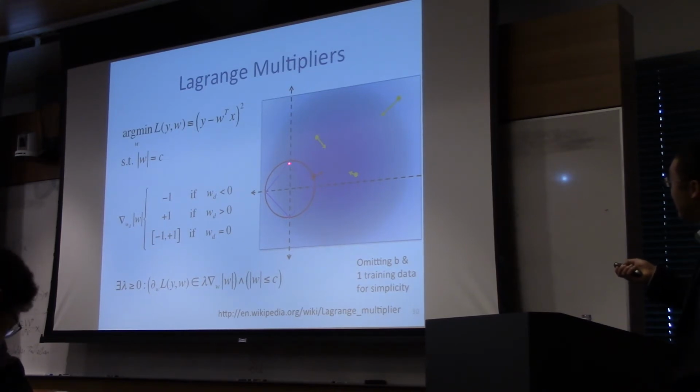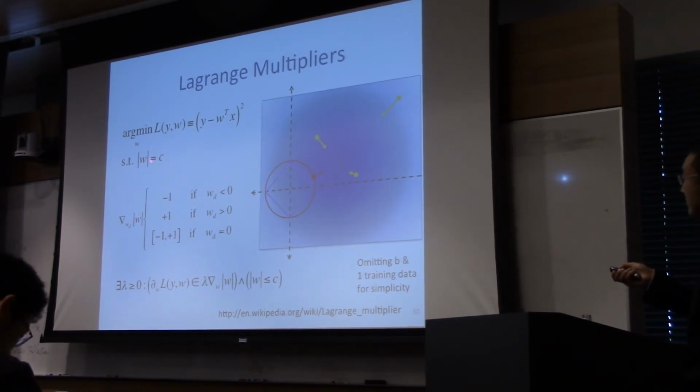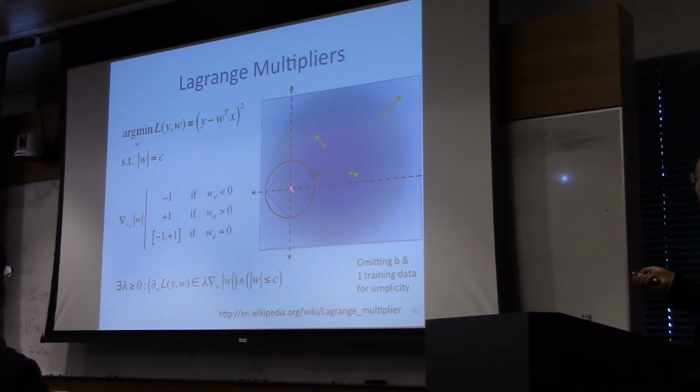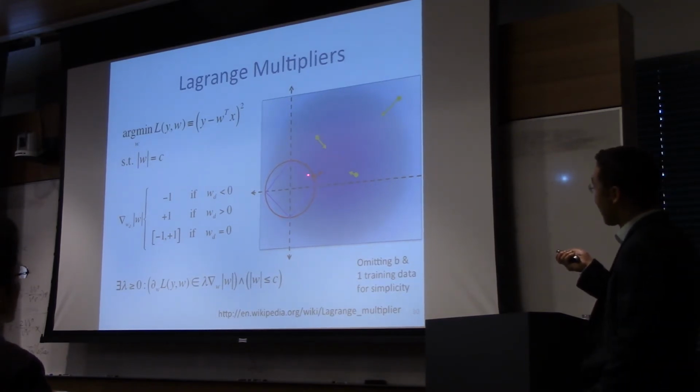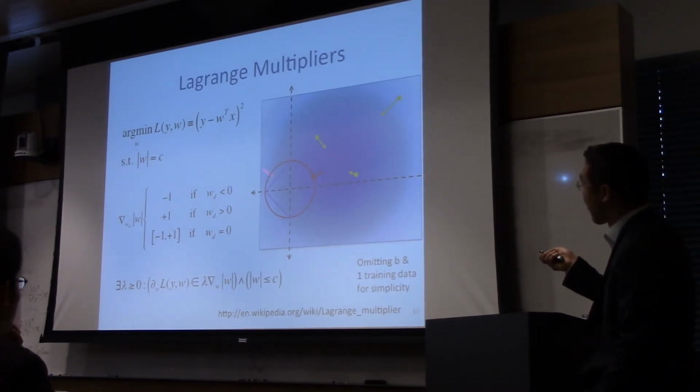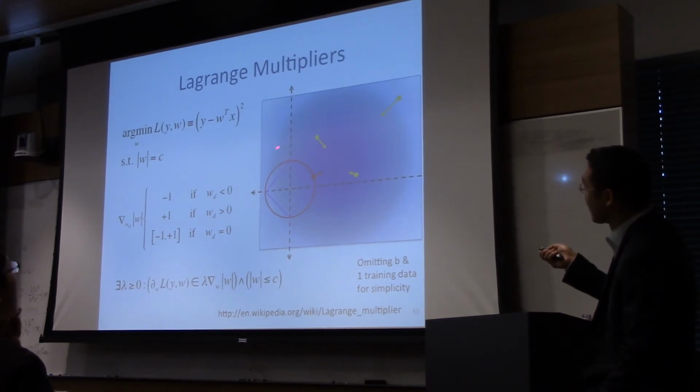For L1, all possible W with L1 norm less than or equal to C is the set of all W within this tetrahedral. In particular, the norm at a non-corner is the standard norm, and the norm at a corner is all possible norms, a continuous range of norms.